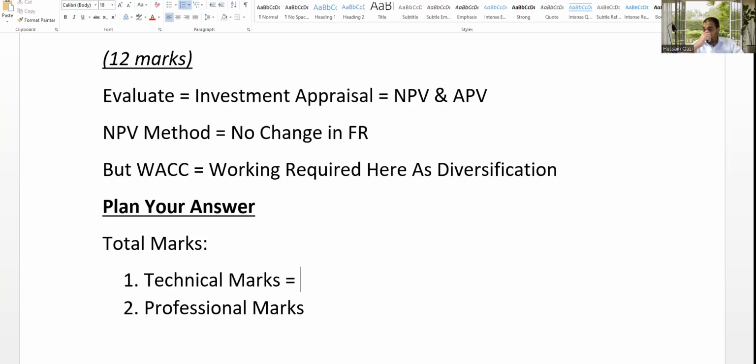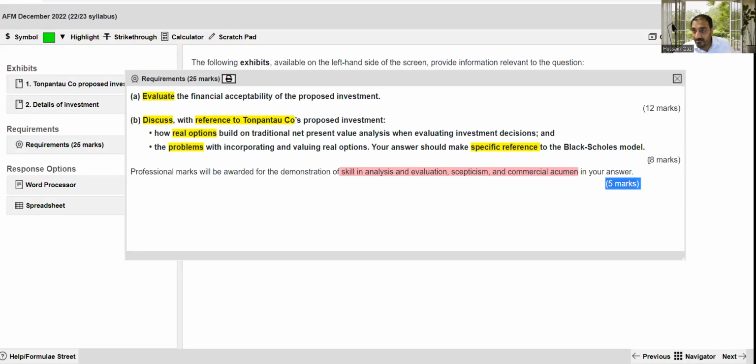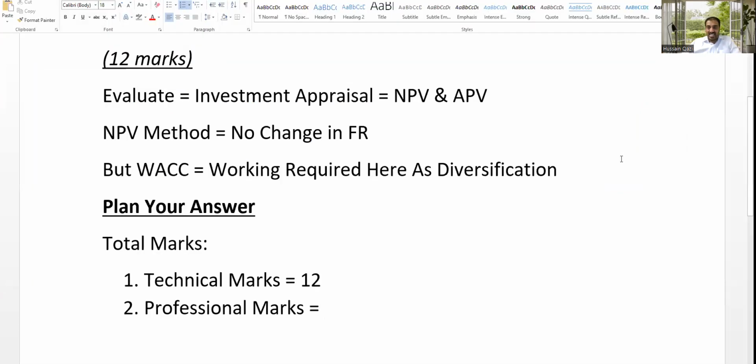How many technical marks are here? You must say that is 12. But in the exam question, 5 professional skill marks are split between parts A and B, so I can say almost 2 to 3 marks of the professional marks belong to this part.